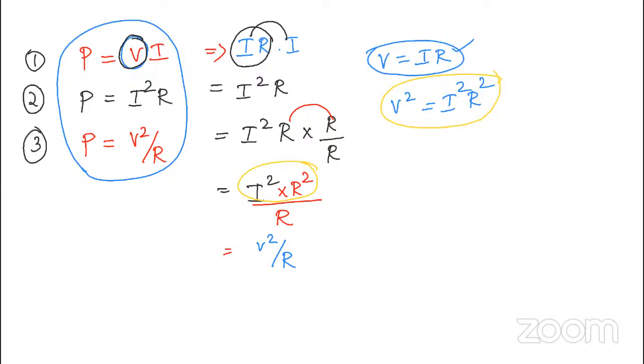Suppose only the current value and voltage value are given, which formula are we using? Among options 1, 2, 3, we can choose the formula.